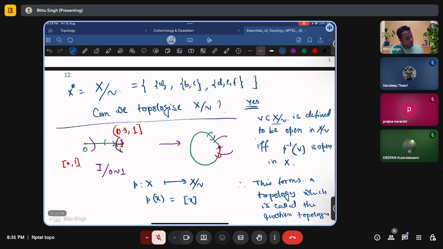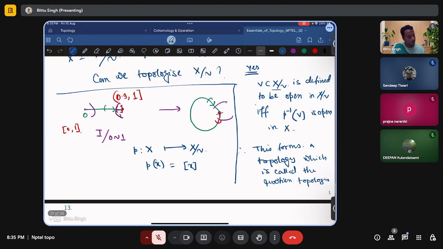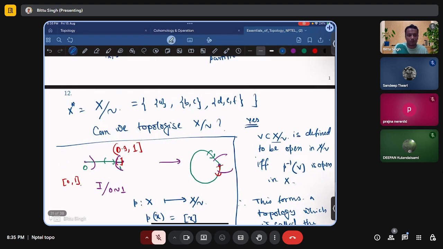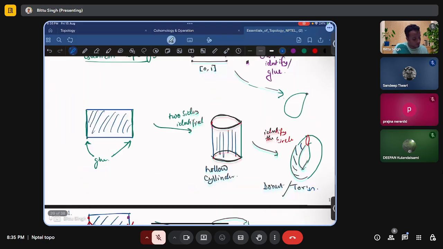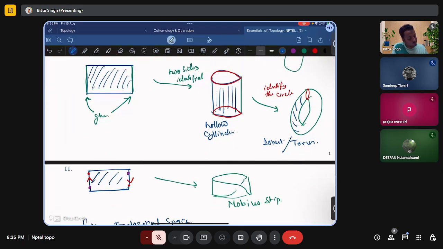So the quotient topology depends on the relation and on the topological space. For example, here you can see those two are the same rectangle, the same topological space, but we define the relation in a different manner. Here the relation was identified along this side. So this point is identified with this point.